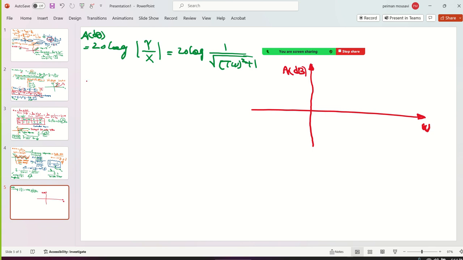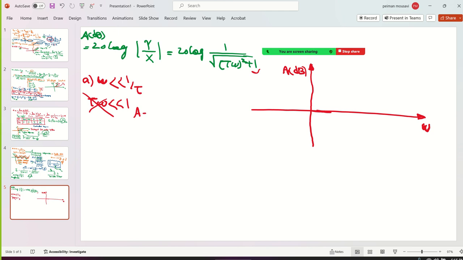I'm going to say part A. If I assume that the excitation frequency as input is much smaller than 1 over tau, so tau omega is going to be much smaller than 1, you can ignore it. You can say, okay, bye-bye. I mean this area, a very small value of excitation frequency omega.